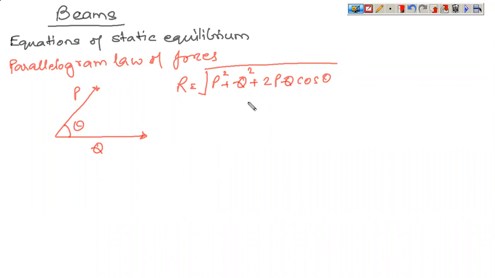You can also find out the inclination made by the resultant, that is tan inverse y by x. So that is easily calculable. So R is given. So now let us come to the term equilibrium.